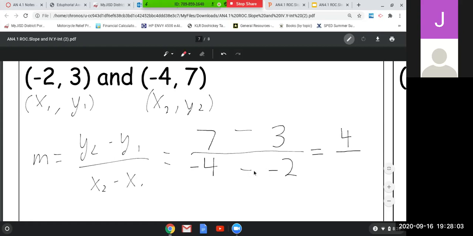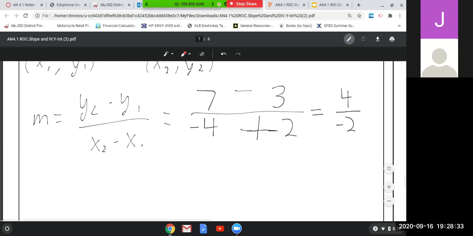I know that anytime I subtract a negative, that double negative right there, that's the same thing as adding. So I'm going to change this to plus. This just becomes a great big fat plus, the two negatives. So negative 4 plus 2 is the same thing as 2 minus 4. Well, that gives me a negative 2. So my slope so far is 4 divided by negative 2.